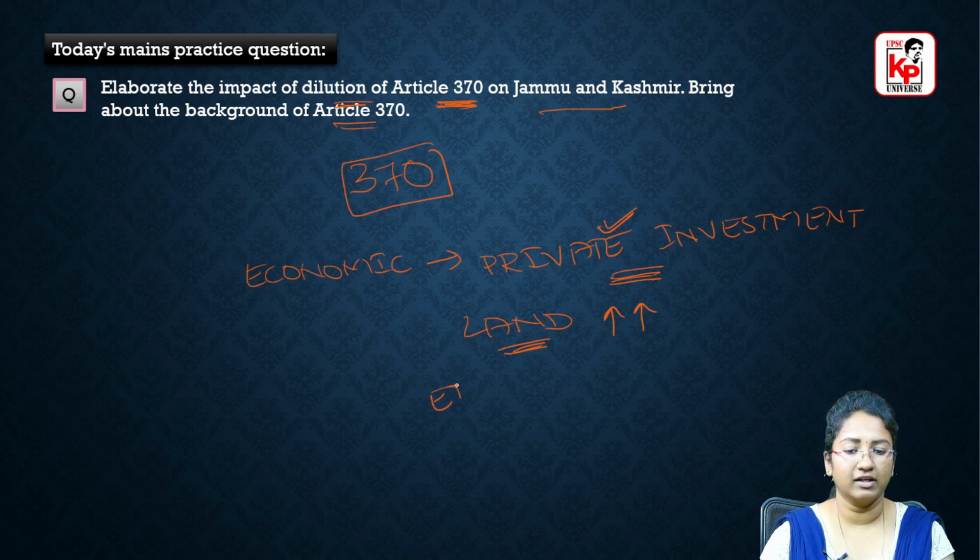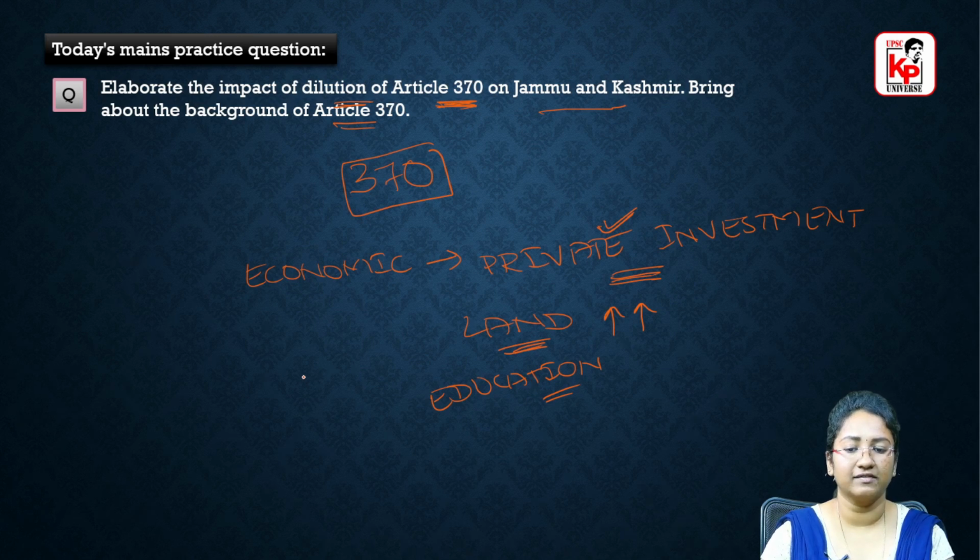And then education, coming to educational opportunities, this will also be enhanced after this presidential order of 2019, because more and more educational institutions like IITs, IIMs, such prestigious institutions could also be established in Jammu and Kashmir.